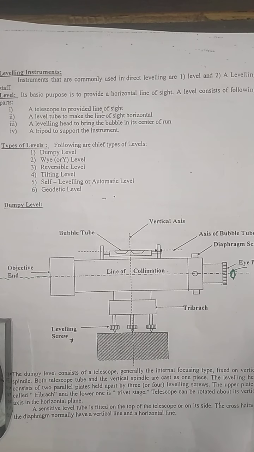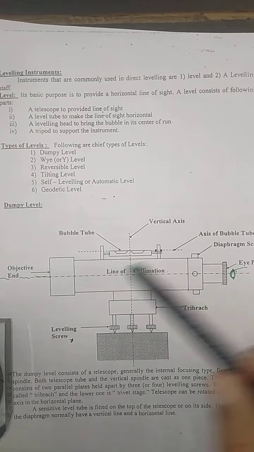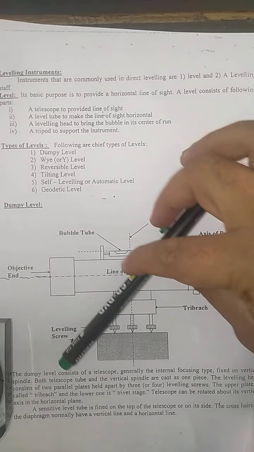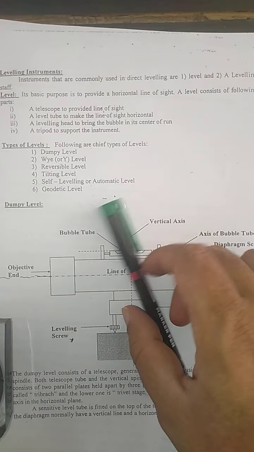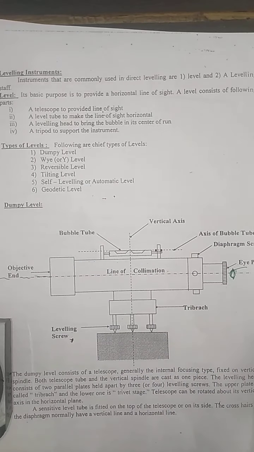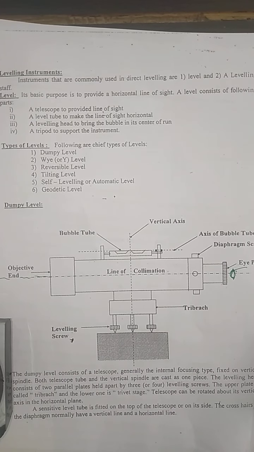It is simpler in construction, with fewer movable parts and fewer adjustments to be made, and it has longer-lasting adjustments. And the telescope can be rotated horizontally through 360 degrees about the vertical axis, so that we can get the readings.